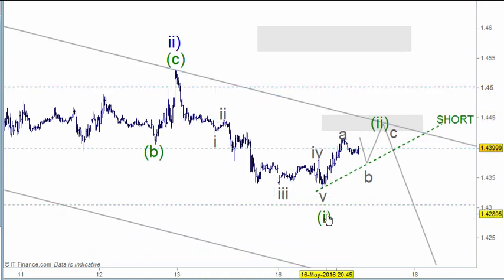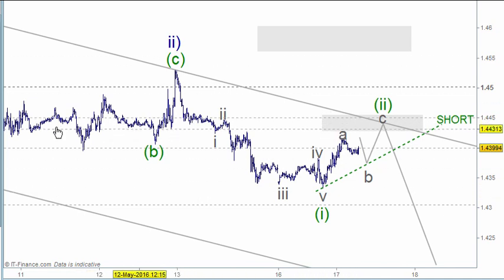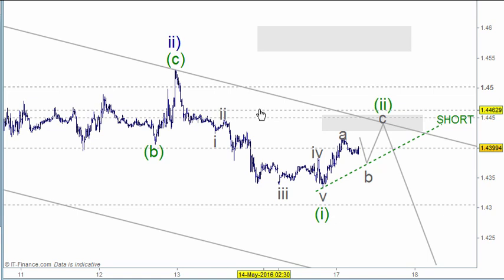So this is just the first wave here as wave 1. We're looking at an A and a B and a C here for wave 2, and up to the 61.8% mark here. So good supply level over here, resistance rather.